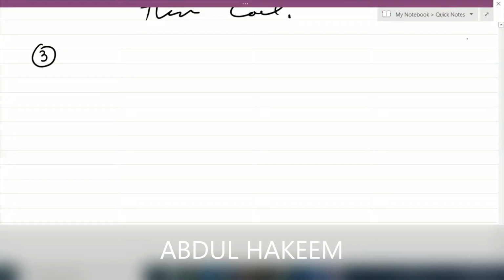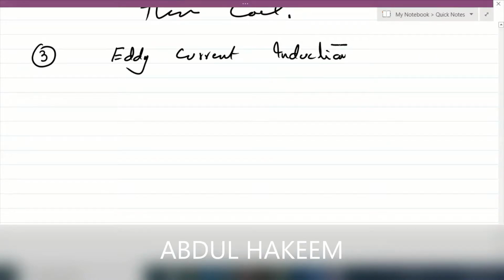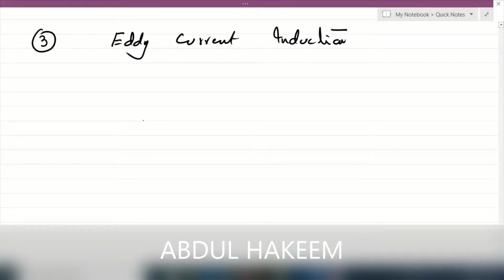Now, the third type of induction, which is called eddy current induction. Suppose we have two magnets, their opposite poles are facing, so the magnetic field is directed from north to south.